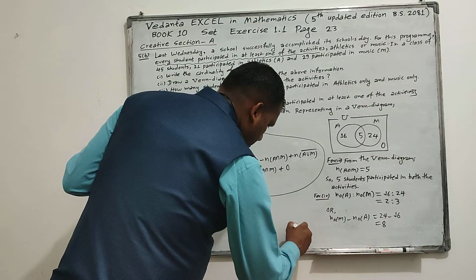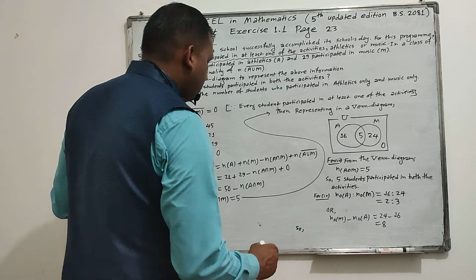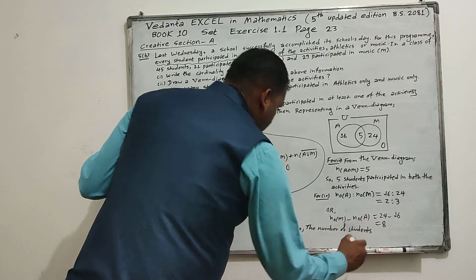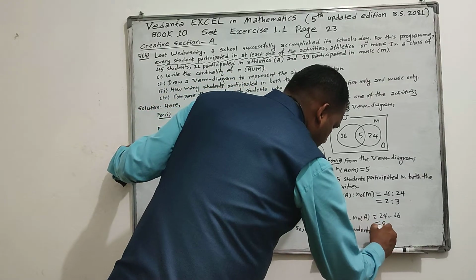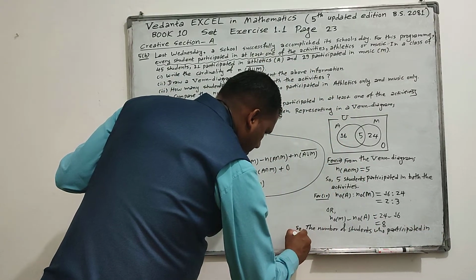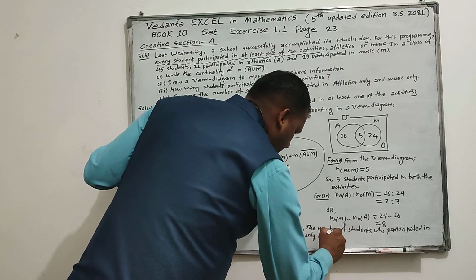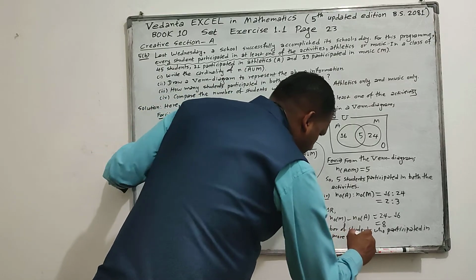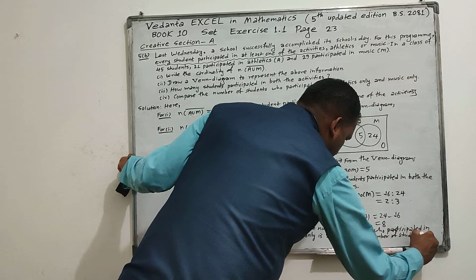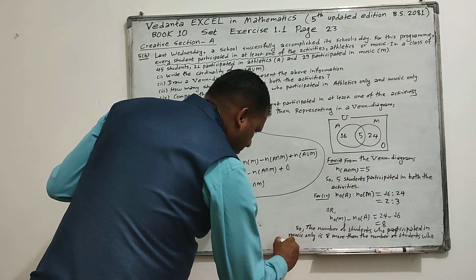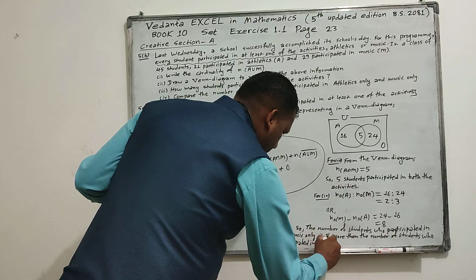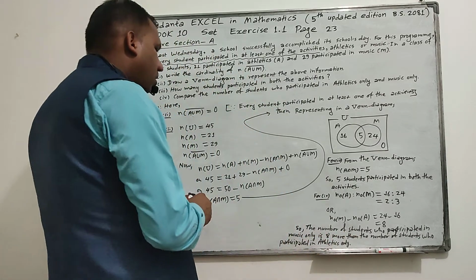So the number of students who participated in music only is 8 more than the number of students who participated in athletics only. Okay, this was for 5B.